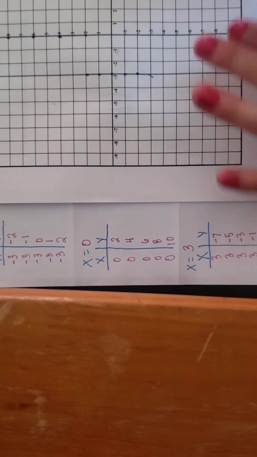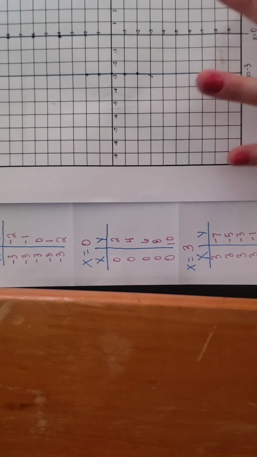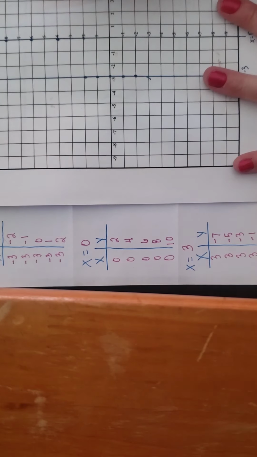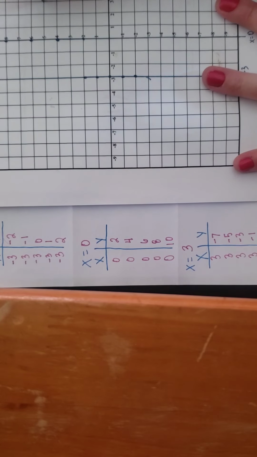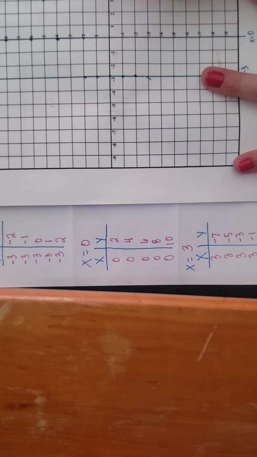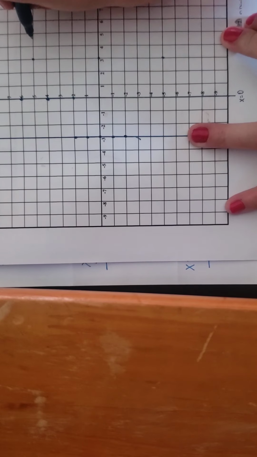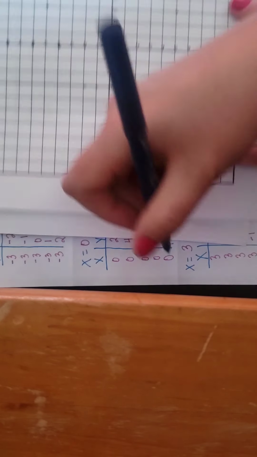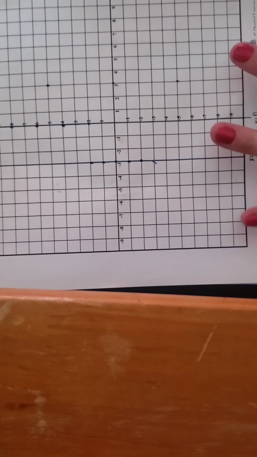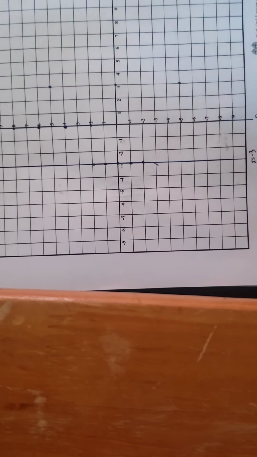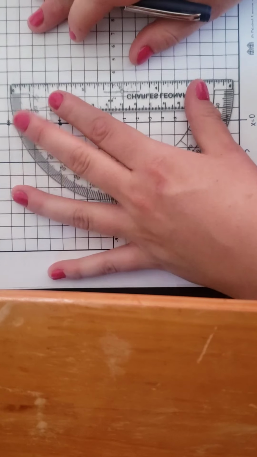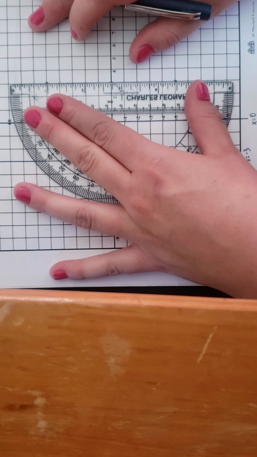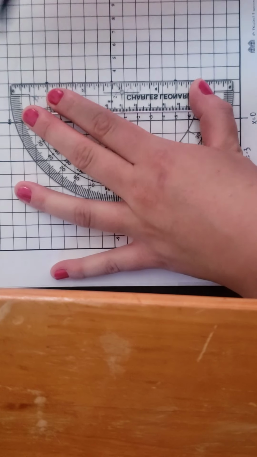And then my last one was x equals 3. So I already know that one is going to be a straight up and down line here at +3. So I just made 3 random points because I know it's going to be a straight up and down line. I could use my points from my table, but because we're starting to see how this works, I'm just going to do a quick version of it because I understand the pattern.